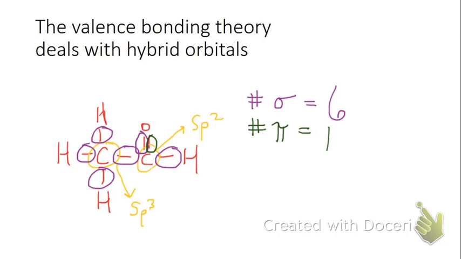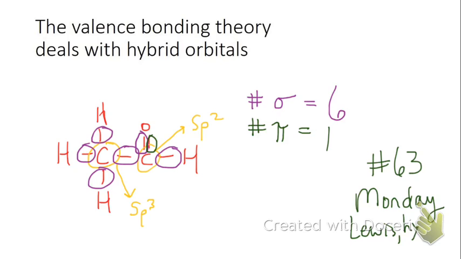And so what I want you to do is I want you to do number 63, and this can be done for the Monday before Thanksgiving break. And all I want you to do is to do the Lewis structure.